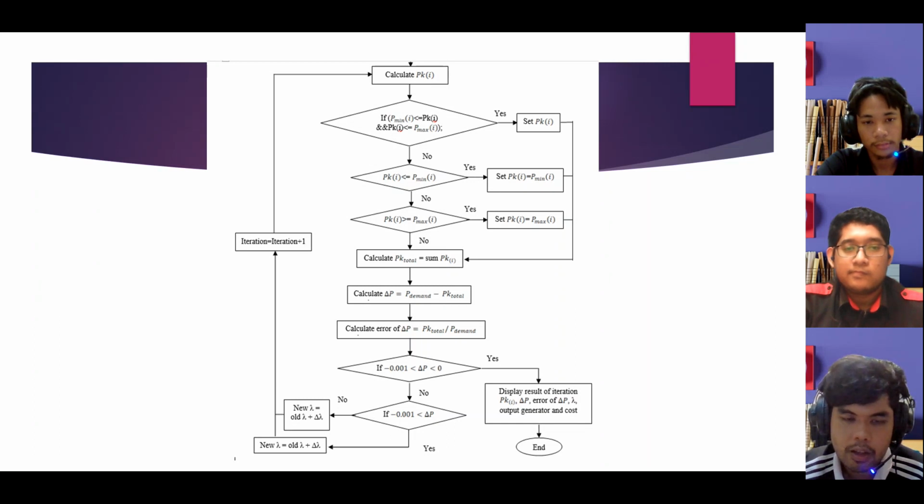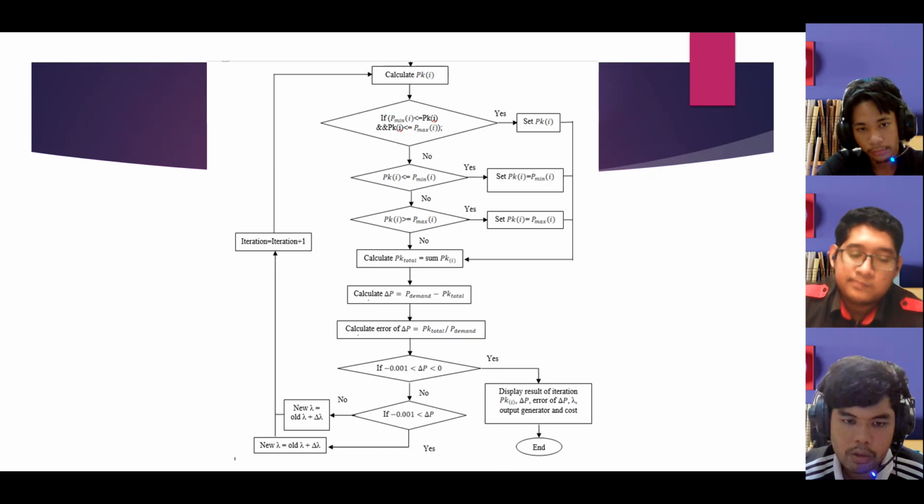But if the statement is false, or no, it will go to the second possibility. The second possibility is PKI is below or equal to Pmin. If the statement is true, or yes, PKI is set equal to Pmin. But if the statement is false, or no, it will go to the third possibility.